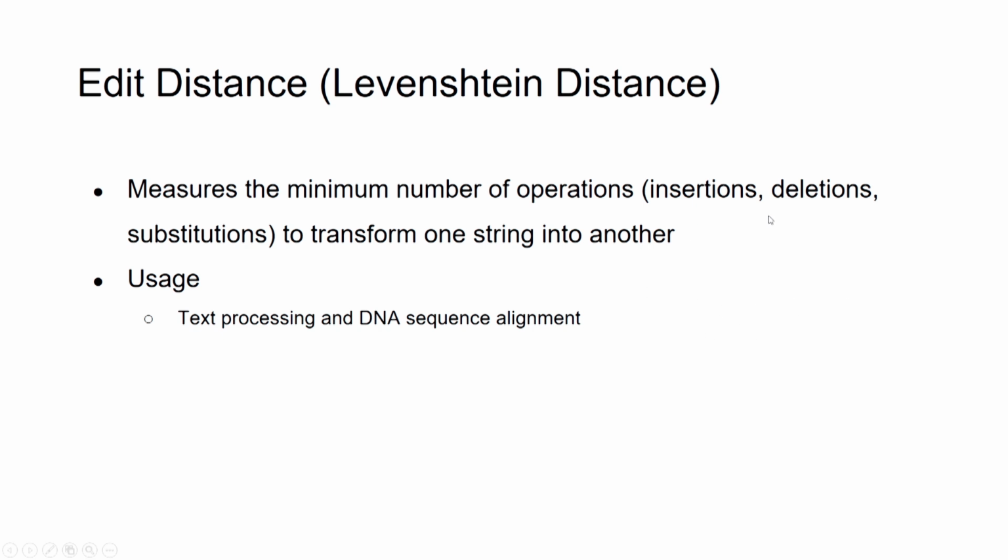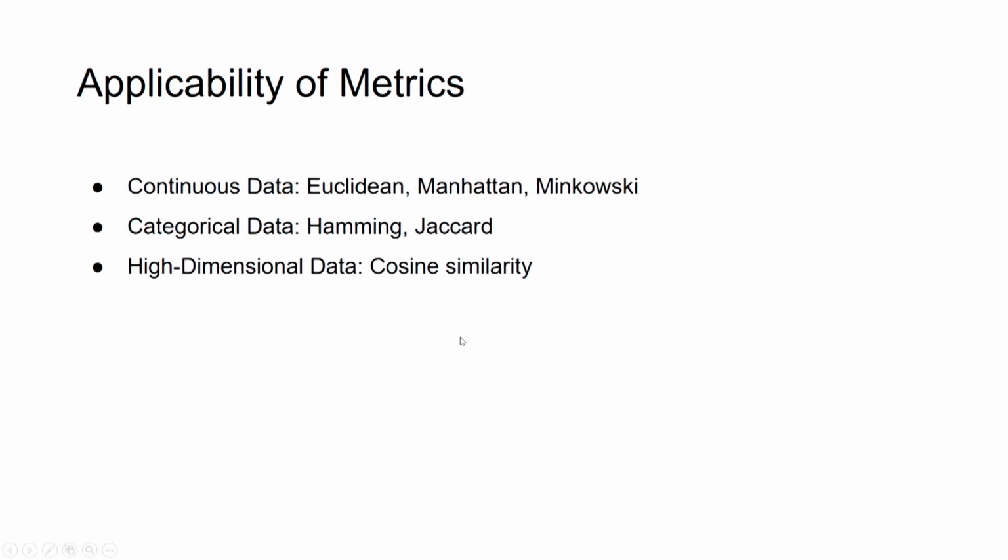So, these are the operations. Of course, these operations will depend on the actual application, but these are the common operations that we apply to transform one string into another string. And edit distance is generally used in text pre-processing or DNA sequence alignments.